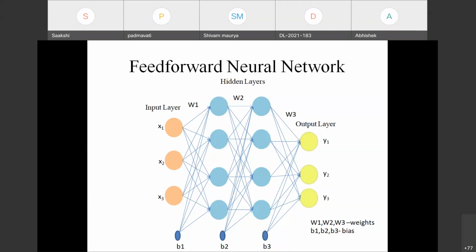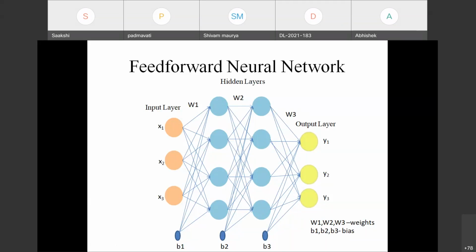Whatever result this neuron generates will be passed to the neurons of the next hidden layer. The output it has generated will be passed to each and every neuron of the next layer.